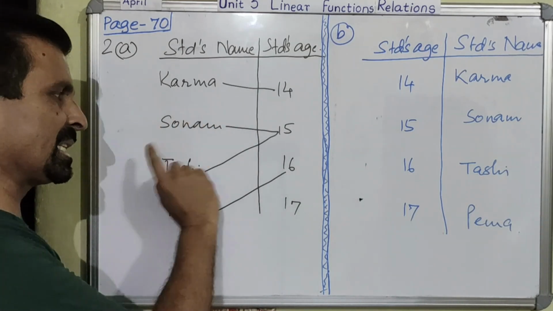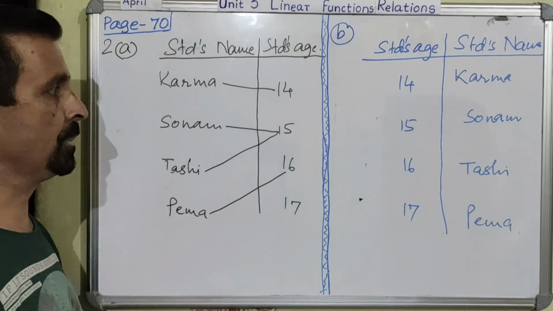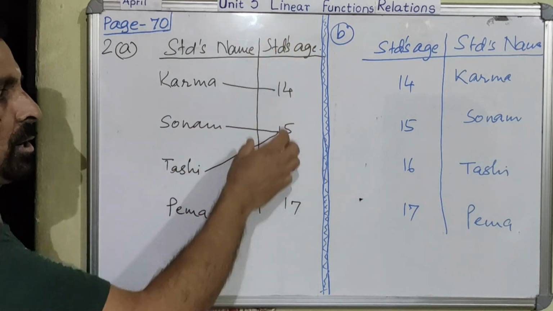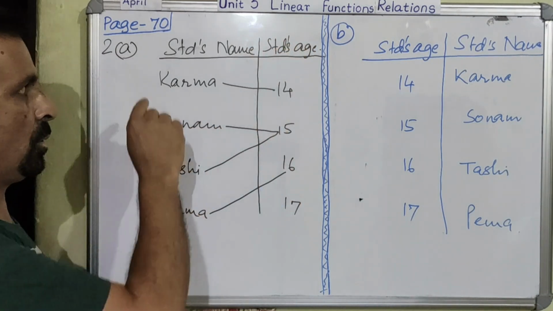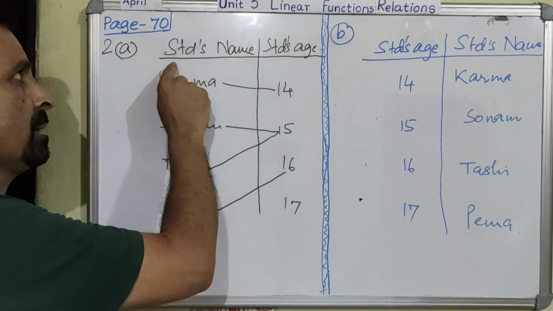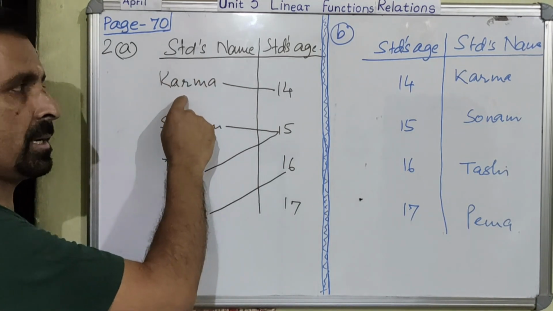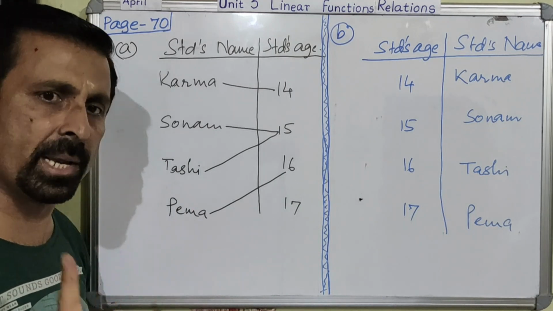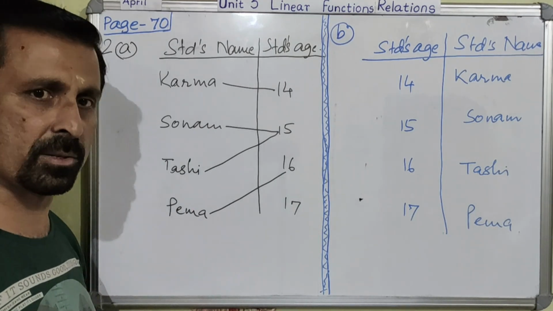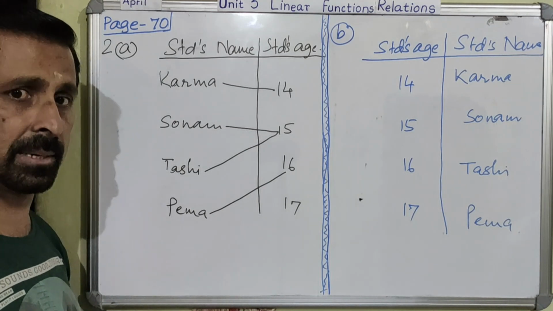Now, is this relation a function? The first column indicates your input and the second column gives you the output. So each input has only one output, because in the first column you have the name of the student and a particular student can have only one age, right? Can I say that my age is 52 and then my age is 48 also? Practically unreasonable, right?